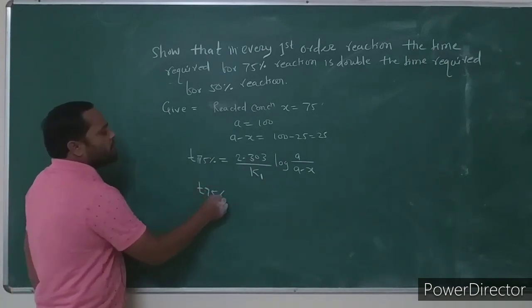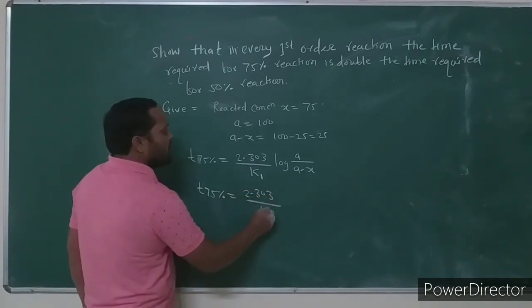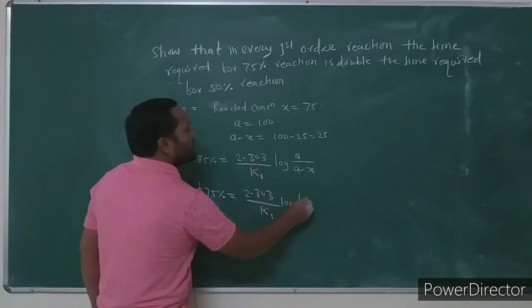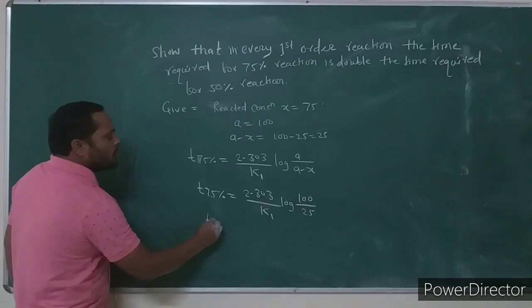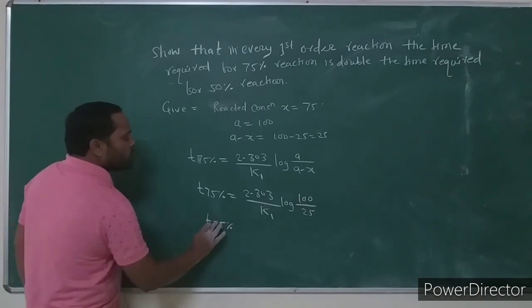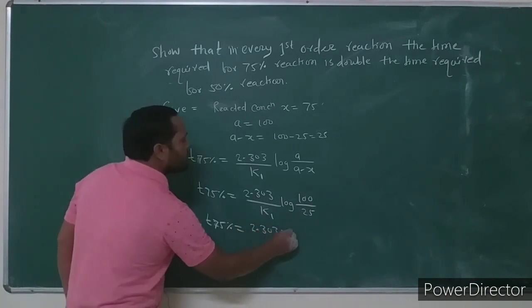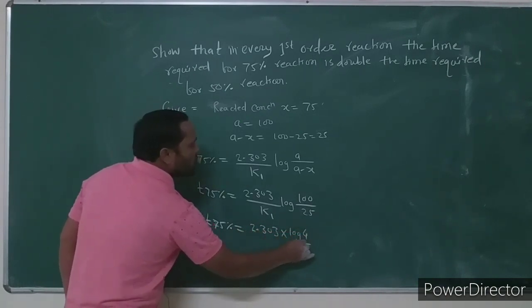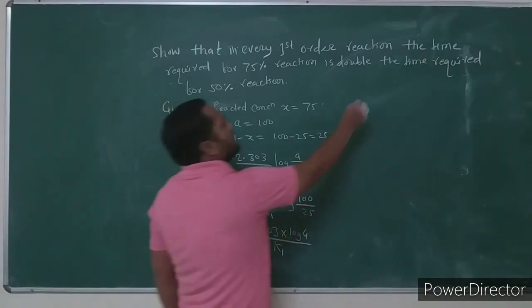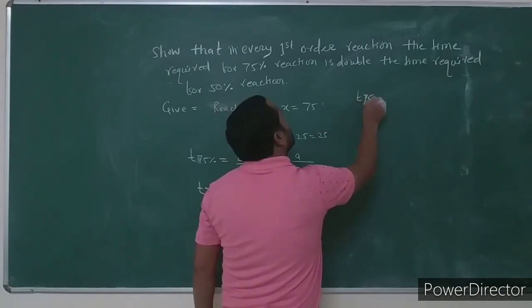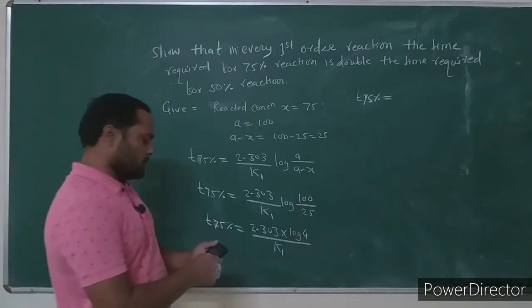Then T75% is equal to 2.303 by K1 log 100 divided by 25. T75 is equal to 2.303 into log 4 divided by K1. What is the value of log 4?